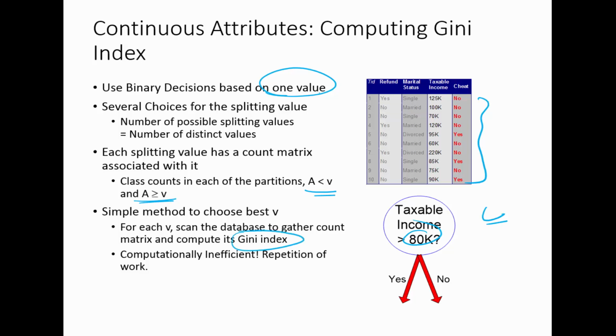For each V, that means for each threshold, and a threshold by the way can be any number in this income group, scan the database to gather the count matrix and compute its Gini index. Based on the Gini index, you find out where exactly your impurity is optimized, and take a decision on that. We have found out that 80k is the case where it is optimized.